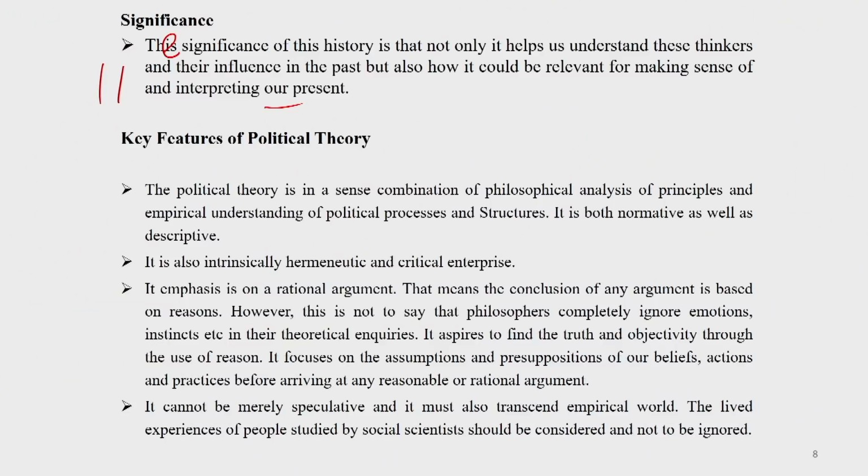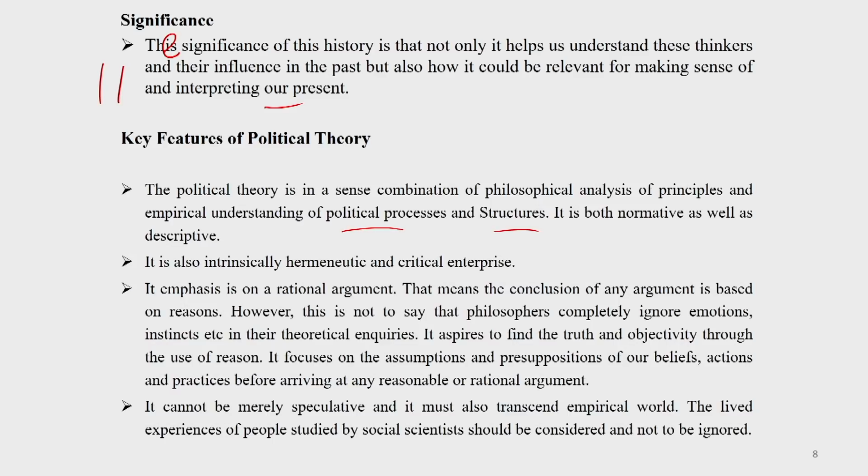Now, if we look at the key features of political theory, then we find that political theory is in a sense a combination of philosophical analysis of principles and empirical understandings of political processes and structures. So, on the one hand it deals with normative questions and concerns, but it also engages with the empirical understanding of political processes and structures in any society.